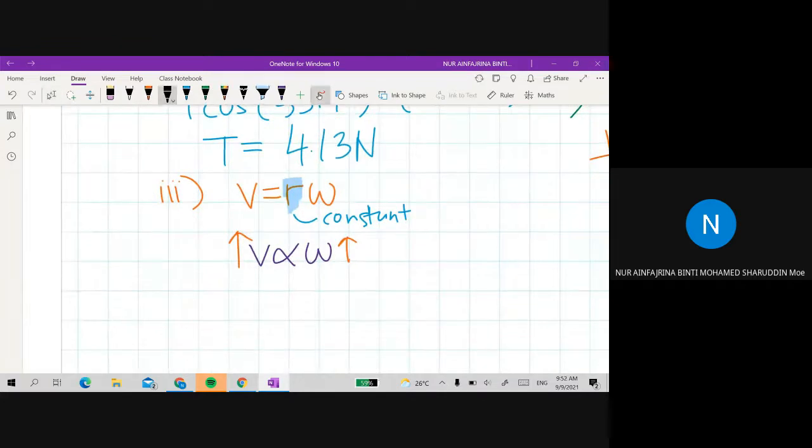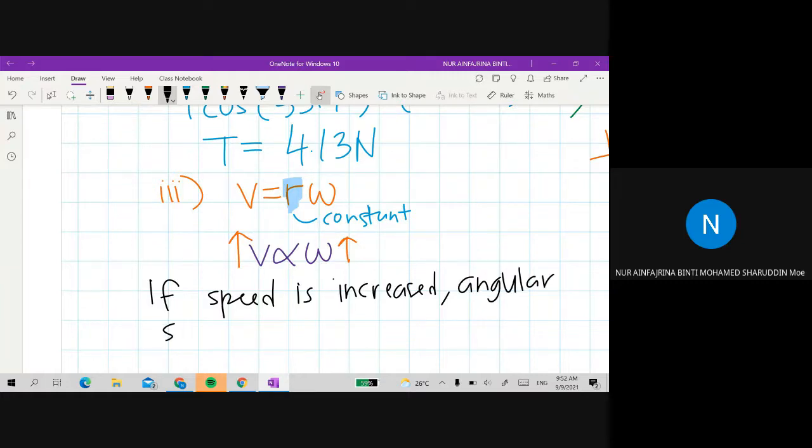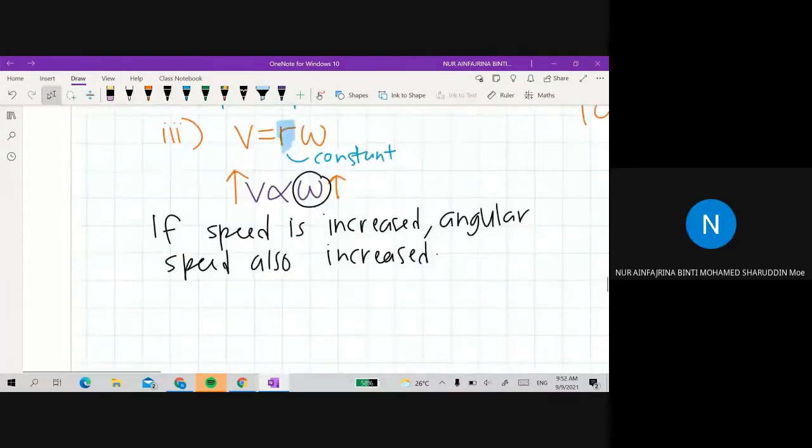So apa yang awak boleh buat? Awak boleh buat ayat. So if speed is increased, angular speed also increase. And then jadi Miss nak tanya, number of rotation dia akan increase atau tak? Kalau angular speed dia increase, if you punya angular speed ni increase, number of rotation dia tu akan increase atau tidak? Anyone? Increase. Yes, correct.